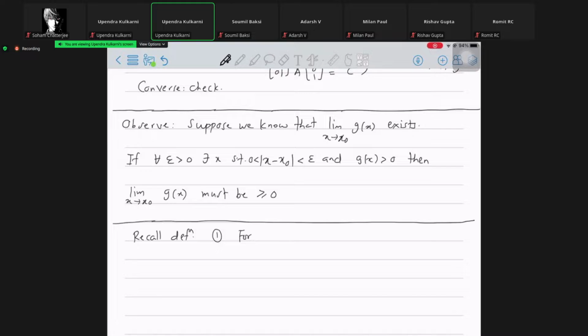So for a C1 function f, a critical point is a point a such that the derivative of f at a is equal to 0.